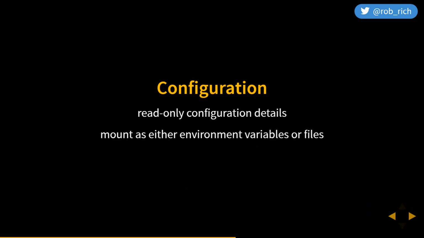If we mount it as a directory, then our application can just list the files in that directory, open each one, and read the configuration value out of that file. By comparison, if we set it as environment variables, then in C# we just have to grab the environment variable name, and we can pull it into place. Or even better, if we're using some of the ASP.NET templates that automatically pull in environment variables, then we just look into our IConfiguration object and they're just there.